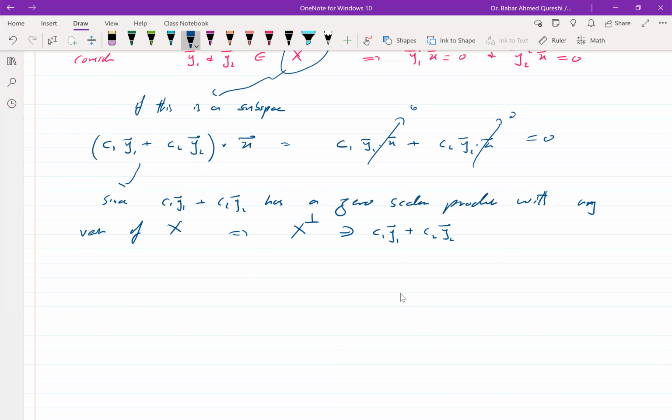That's the thing you check. You make a linear combination, and if it's back in the set, then that set is a subspace. So that means the orthogonal complement is also a subspace.